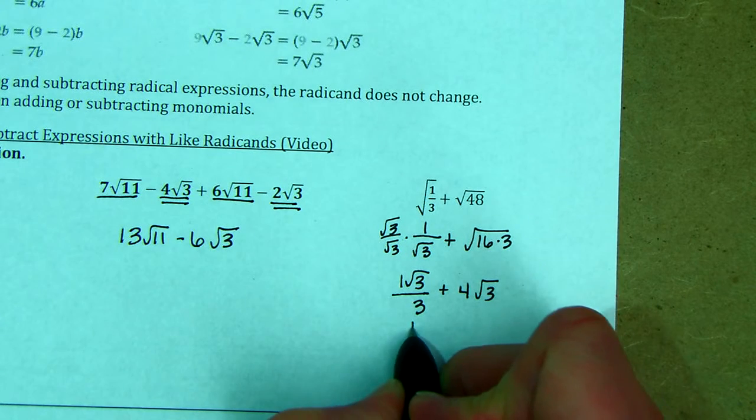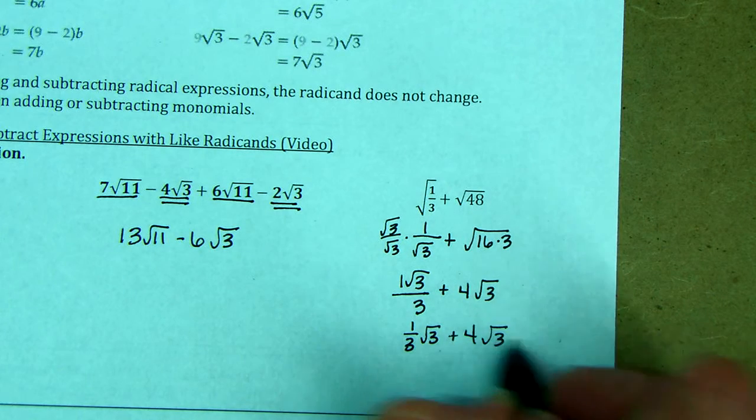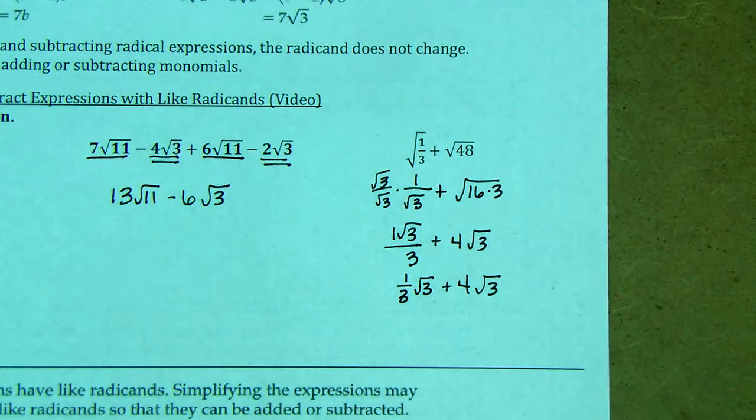And now whether you write, actually I shouldn't say that. You probably shouldn't write it as 4 and 1/3 times the square root of 3. You should make this improper.